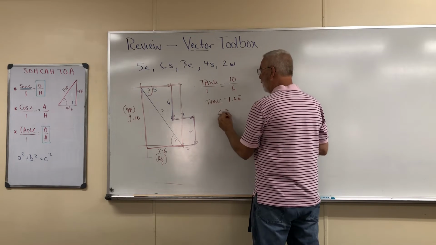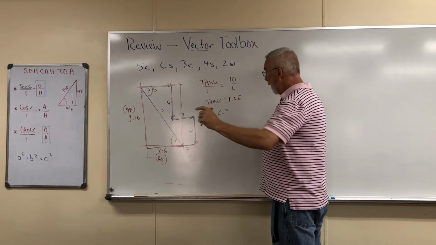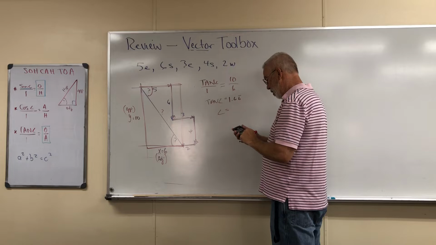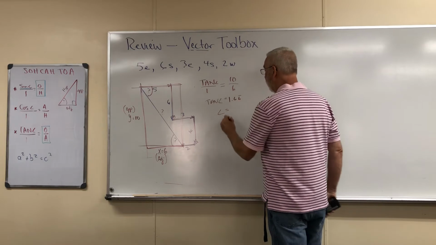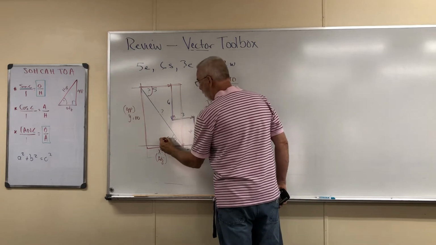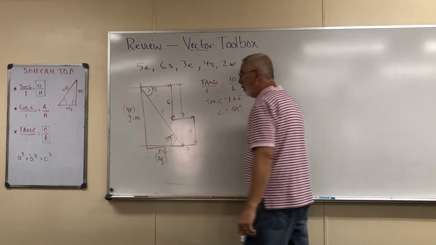So that angle is going to be the second function tan inverse, 59 degrees. So we know that that's going to be 59 degrees. So right here, this is 59 degrees.